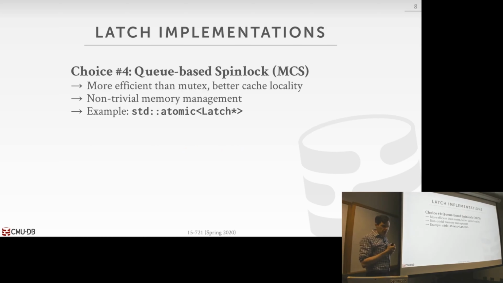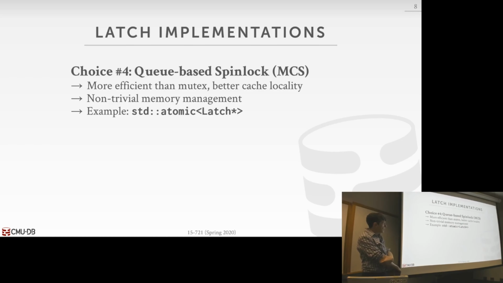So now let's talk about some better implementations that we can build on top of our basic latch primitives. The example I showed with the spin locks has this cache coherency issue: if two sockets are trying to access the same latch, we have traffic going over the interconnect, where everyone's trying to spin on this one location, and we have to send invalidation messages to every single thread.